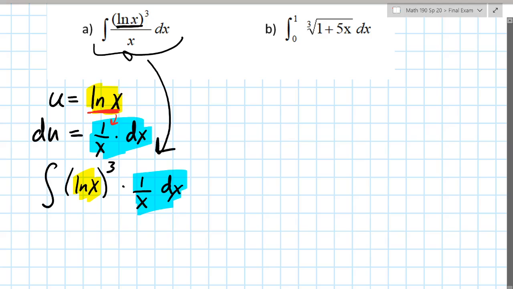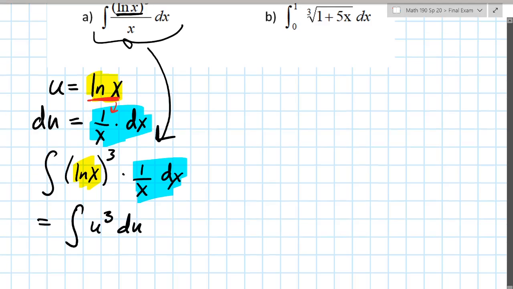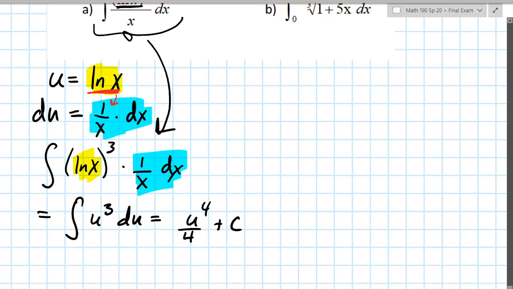So this is a pretty straightforward u substitution problem, and this gives us the integral of u to the third du. Now, what is the integral of u to the third du? It is u to the fourth divided by 4 plus c. So that's just the power rule. The question we started with was in terms of x's, so our answer should be in terms of x's.